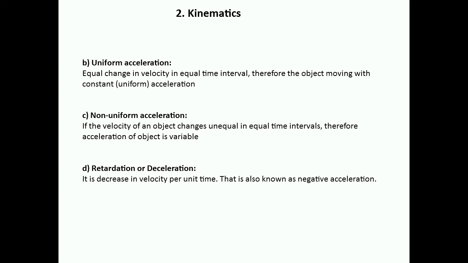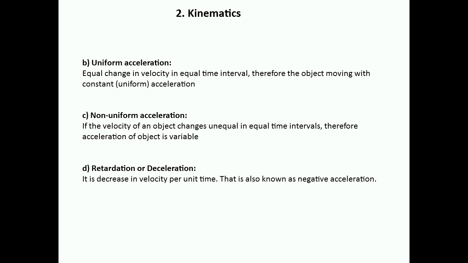The very important type of acceleration from the paper point of view is retardation or deceleration. When the initial velocity is greater and the final velocity is smaller than the initial velocity, our acceleration becomes negative, and that negative acceleration is called retardation or deceleration.